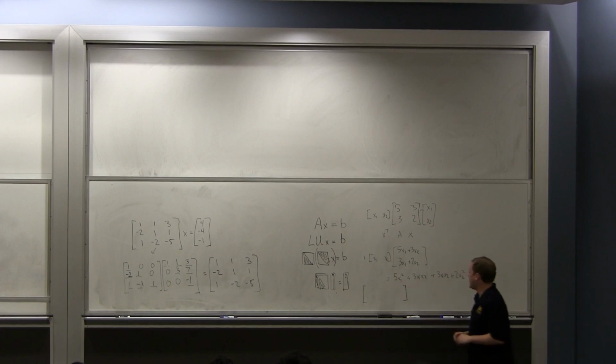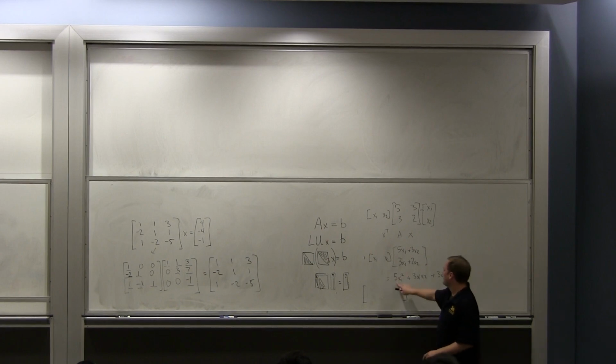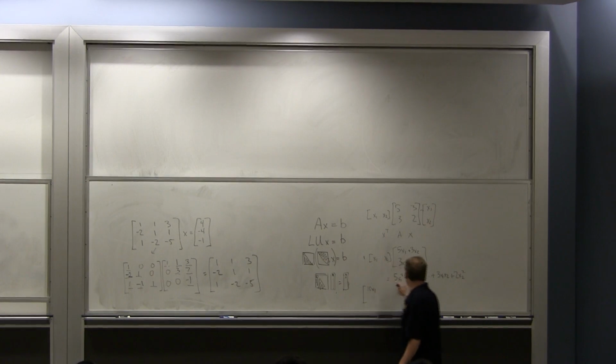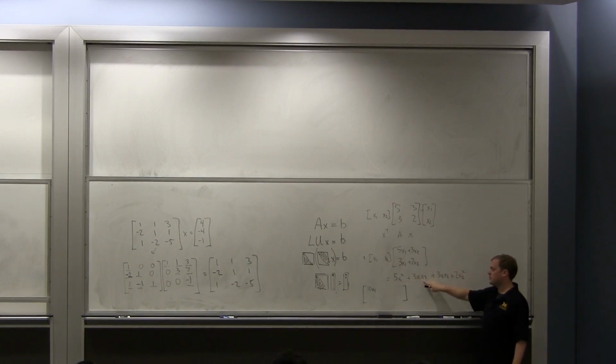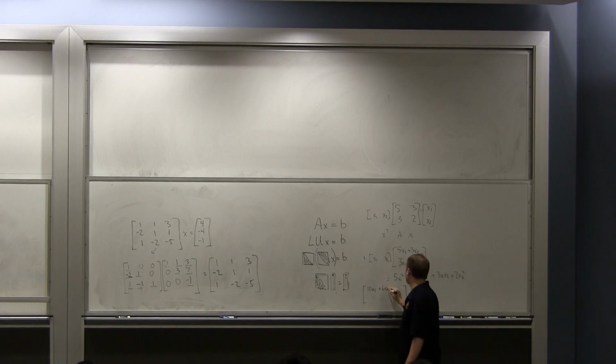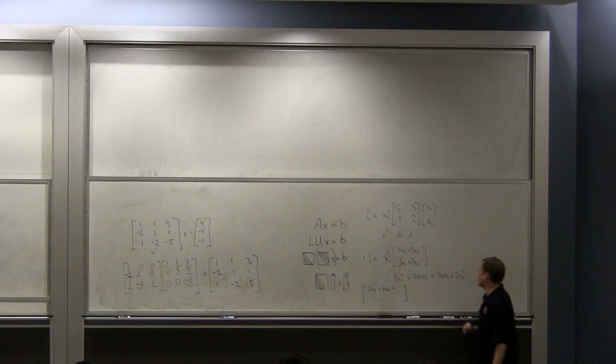Partial derivative of this guy with respect to x1. Well, it's going to be 2 times 5x1, so 10x1, plus 6x2, plus 0, right?